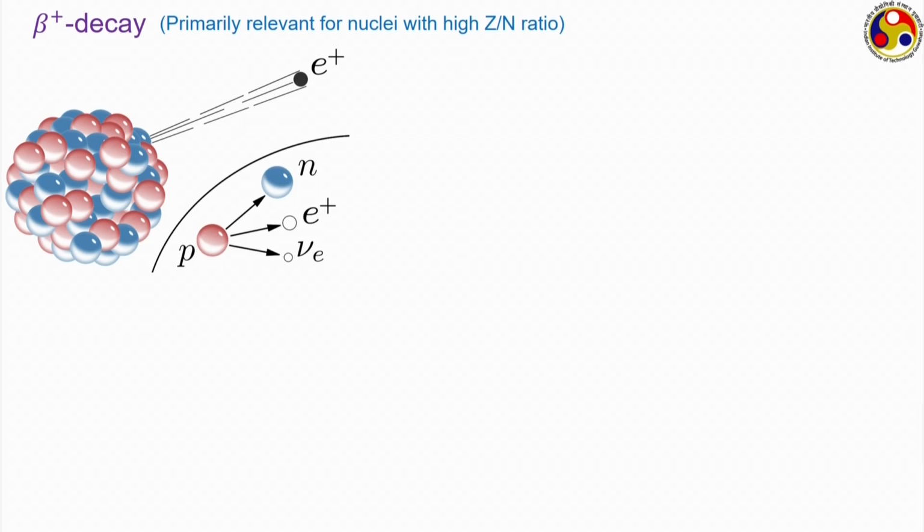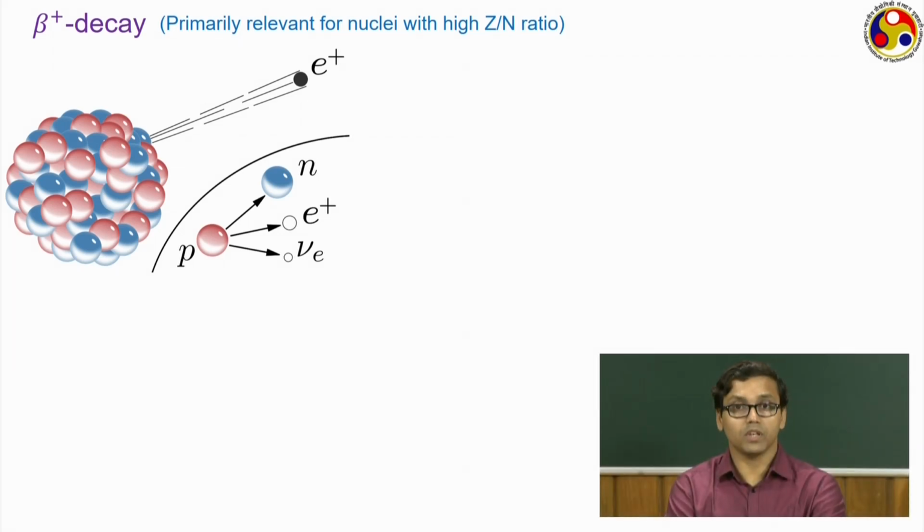So, positron decay, or beta plus decay, is just the opposite situation of beta minus decay, or beta decay. The normal beta decay is associated with isotopes having a high N by Z ratio, so the beta plus decay is associated with nuclei having a low N by Z ratio. Here a proton gets converted to a neutron, and also the positrons and the neutrinos are emitted.